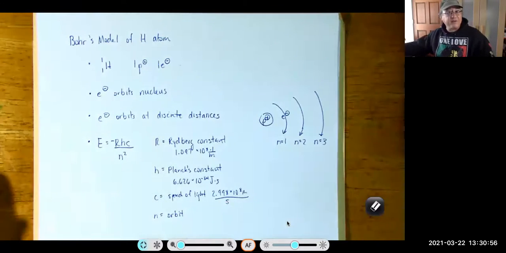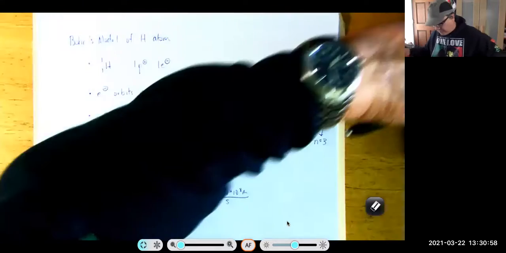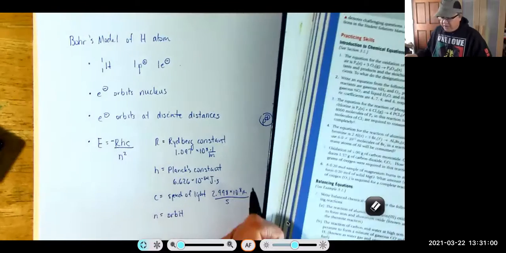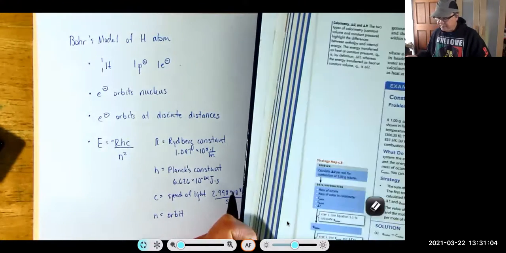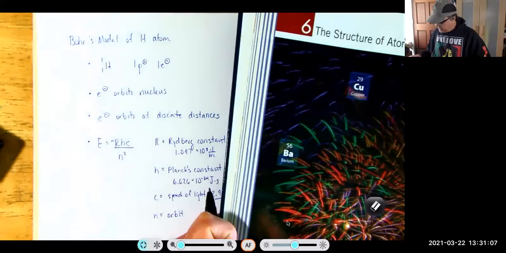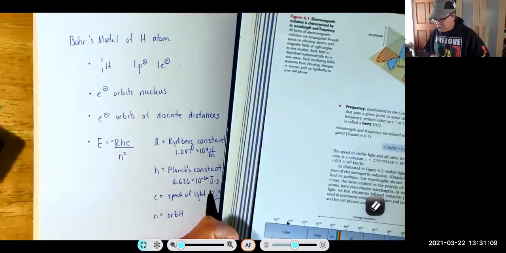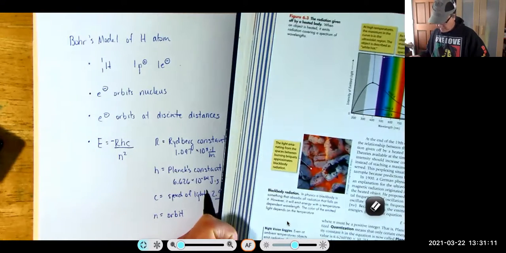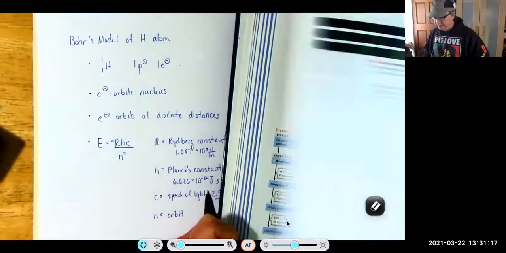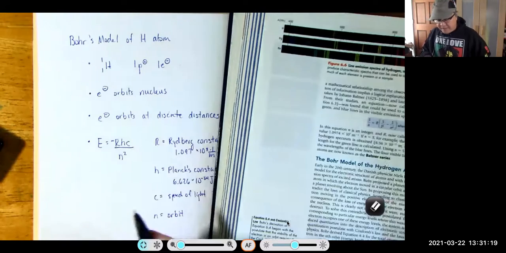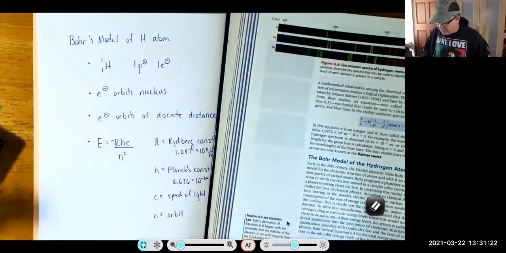Now, let's double check and make sure that that is the value for Rydberg's constant. So I'm opening up to chapter 6. I can't find it. Page 284.